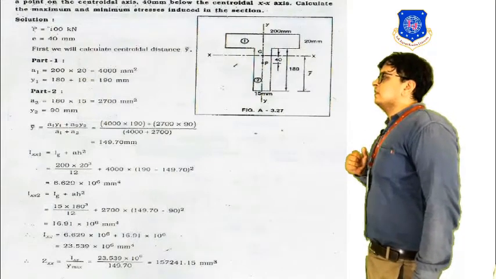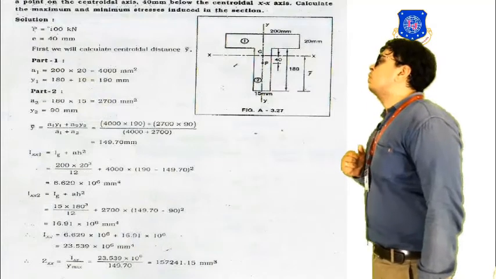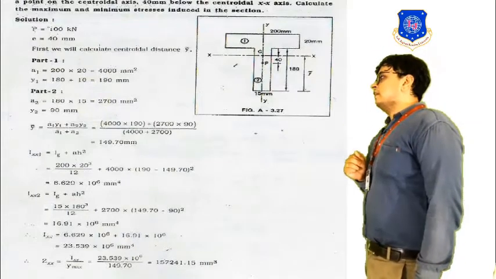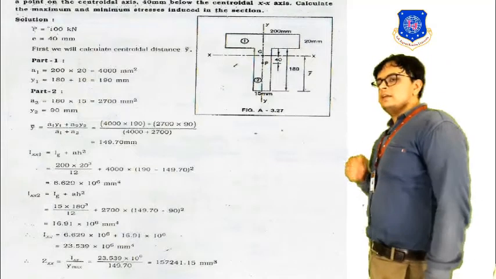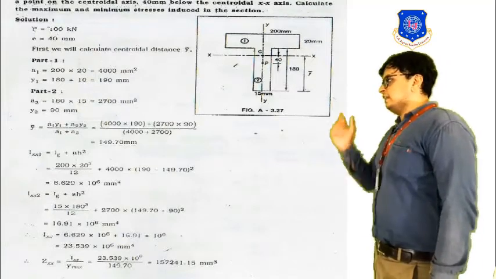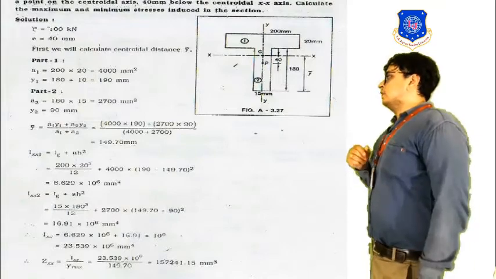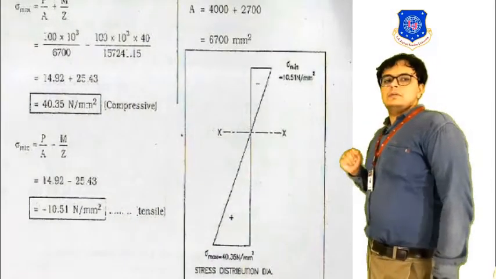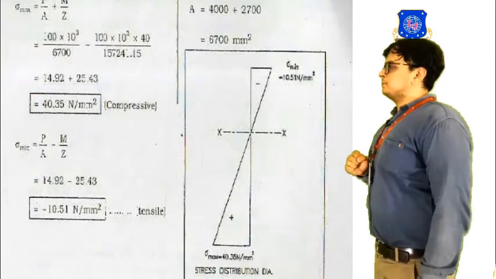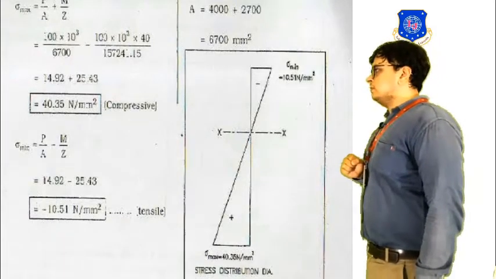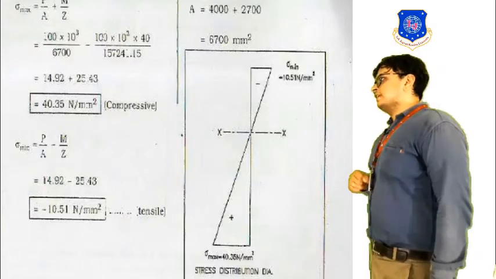By this we are getting the final value of 6700 mm^2. This is why we are taking the area as 6700. So we have the load 100 kilonewton divided by 6700.